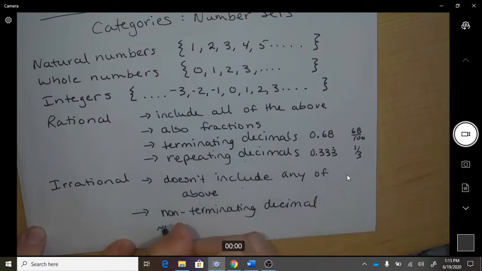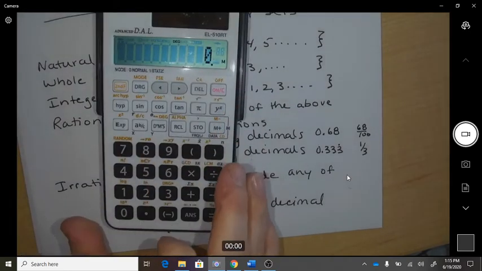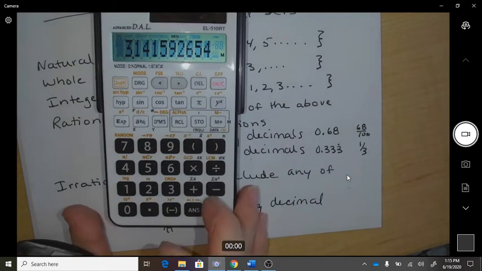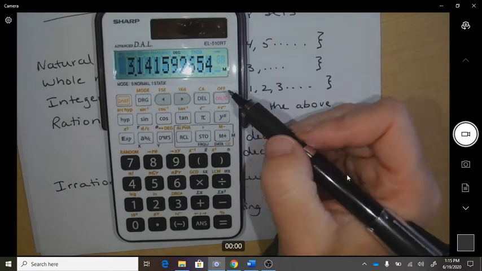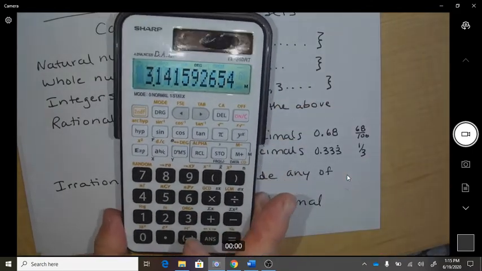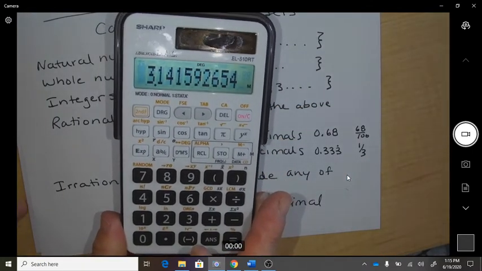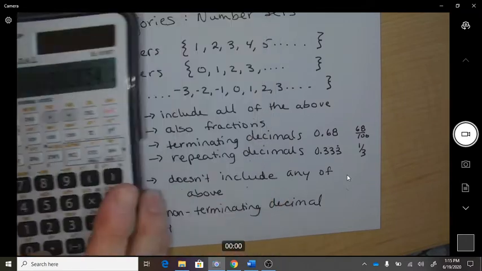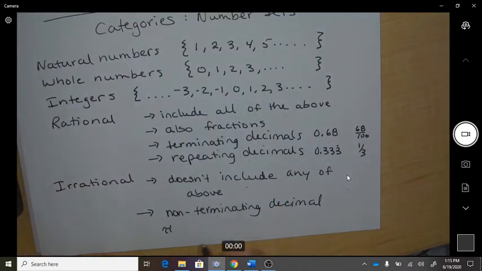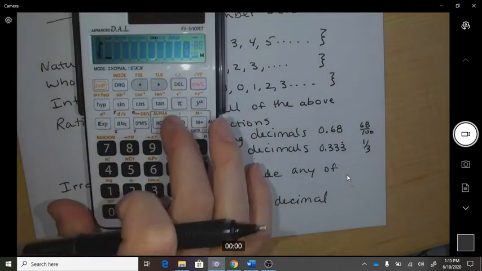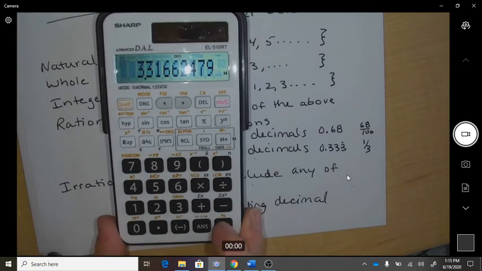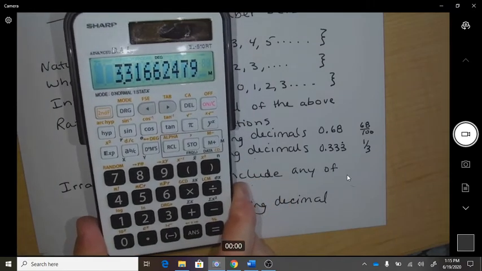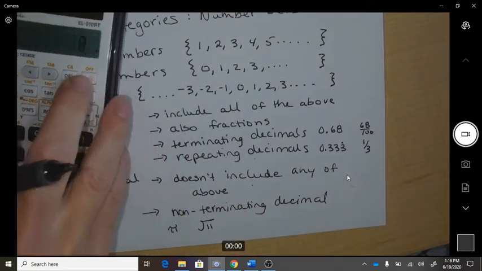So an example would be like pi. So if you look at pi, your calculator obviously runs out of space, but that just keeps going and going and going and going. Often you would see square roots in here as well that aren't perfect square roots. So you can see that they aren't perfect square roots.